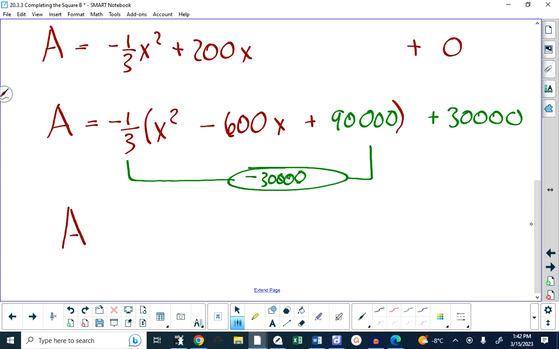Writing this out, area equals negative 1/3 x minus 30 squared. Nate, where am I getting minus 30 from? You know this. Going from here to here. Why am I writing minus 30?